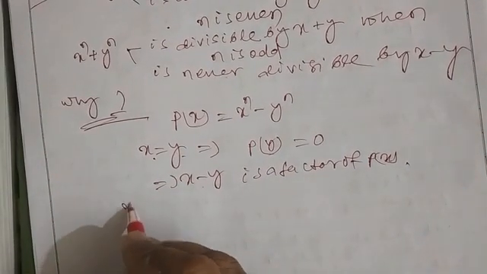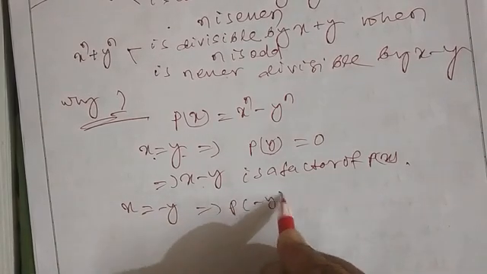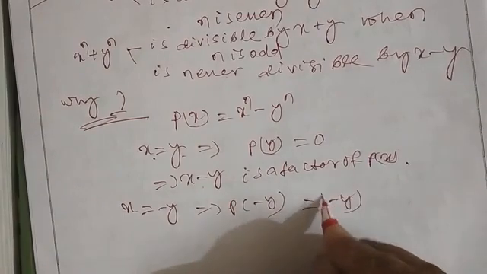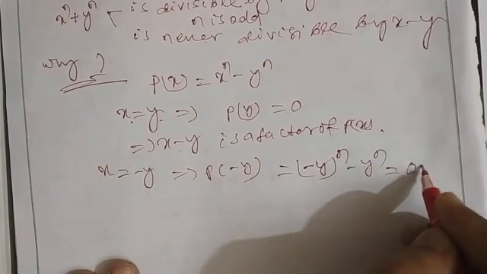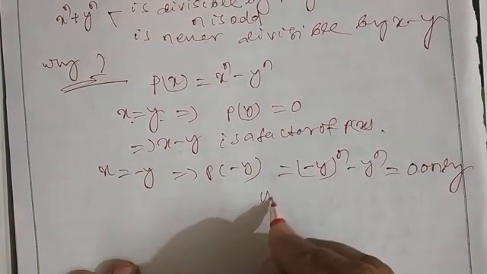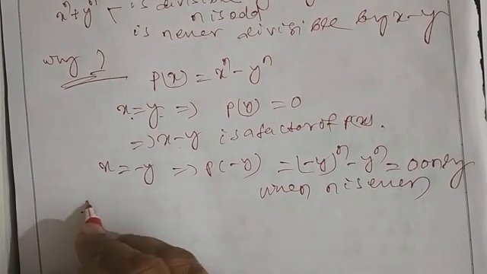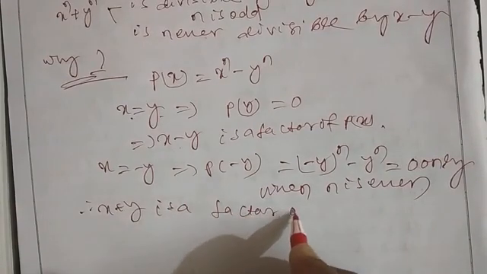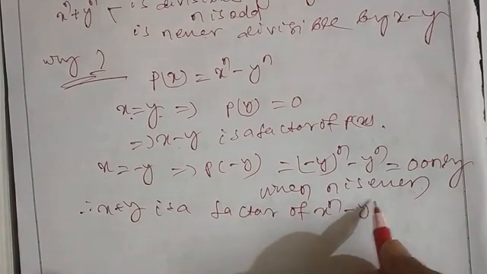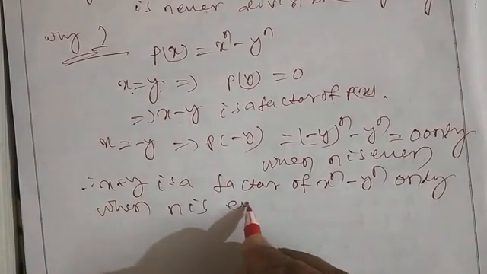And if I write x as minus y, I get P(-y) is (-y) to the power n minus y to the power n. It is 0 only when n is even. So, x plus y is a factor of x to the power n minus y to the power n only when n is even.